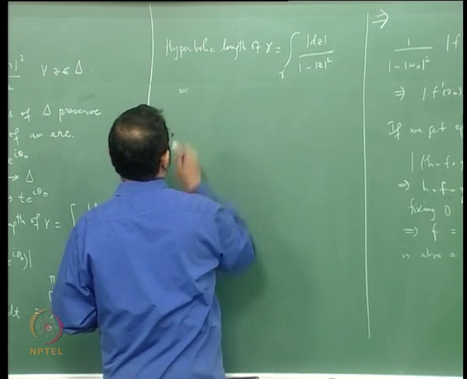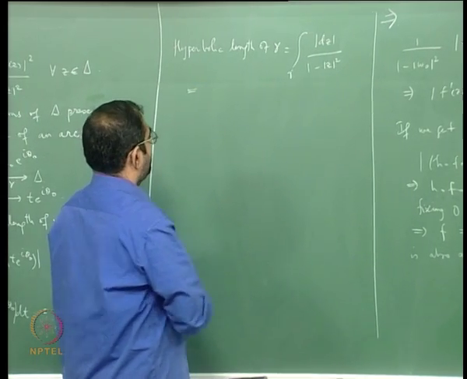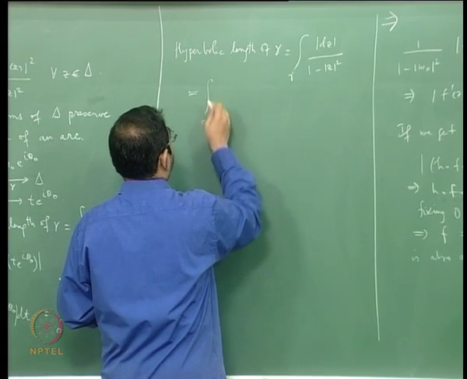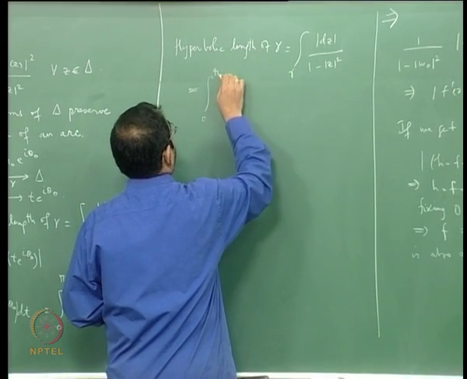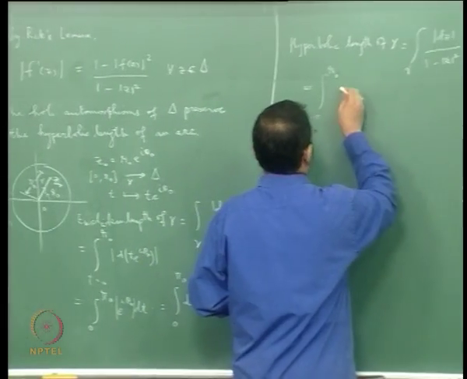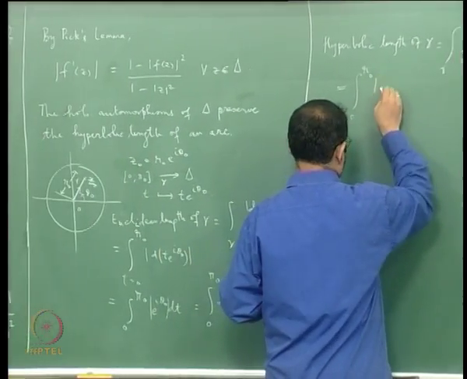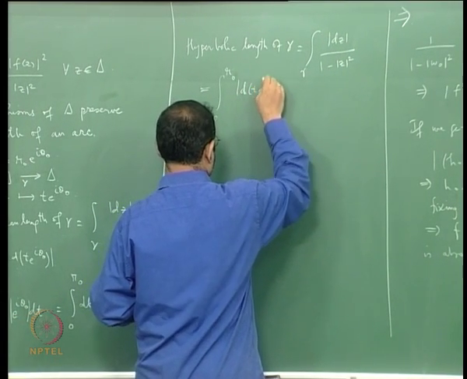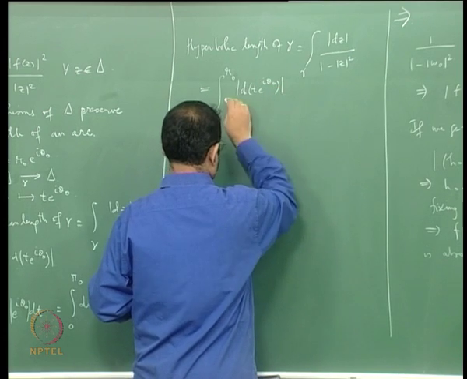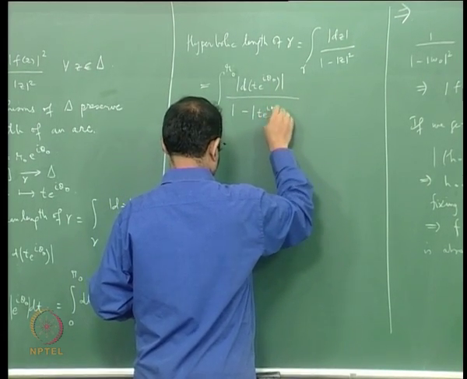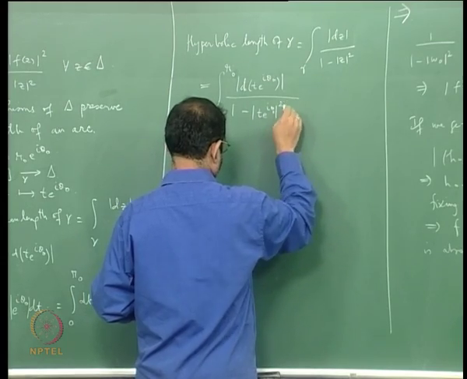If you calculate that, I again substitute, and I will get the integral from 0 to r0 of mod d of t e power i theta naught by 1 minus mod t e power i theta naught the whole squared.